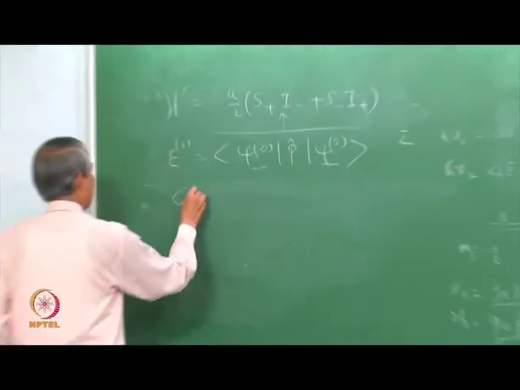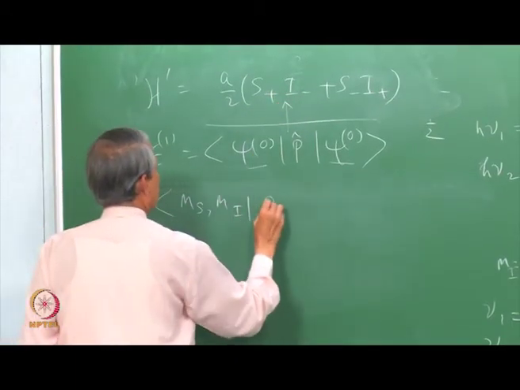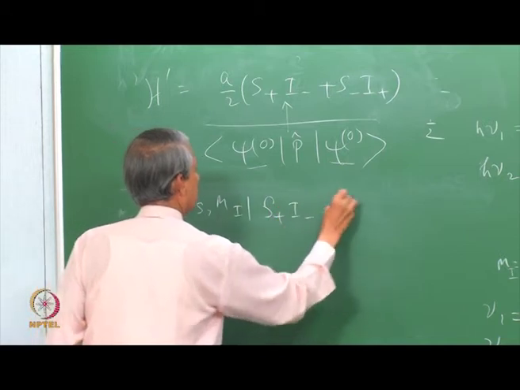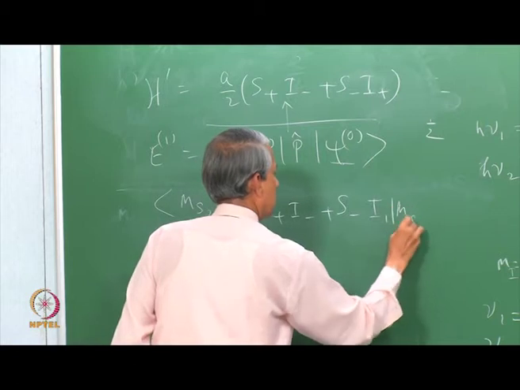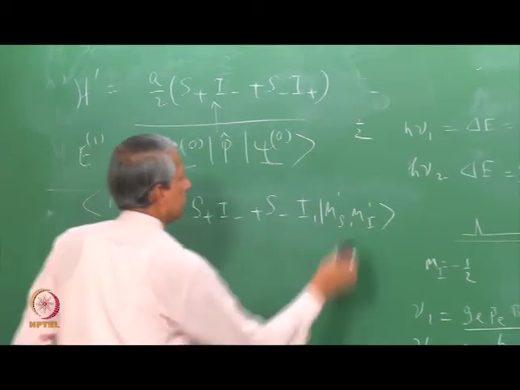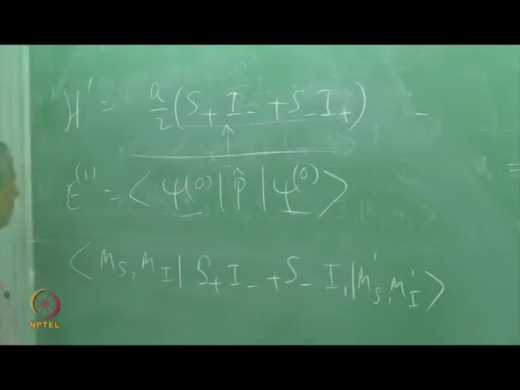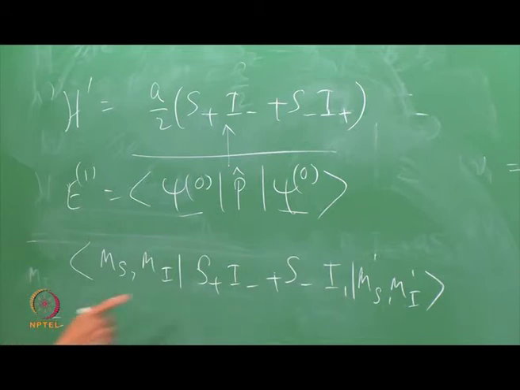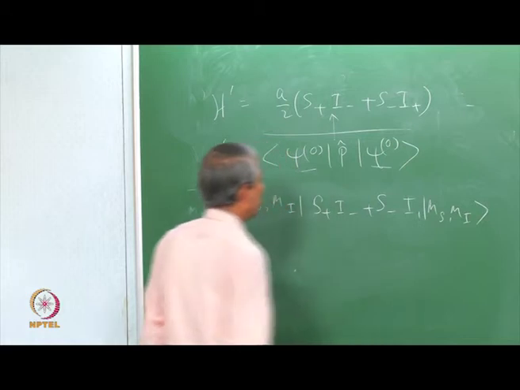So, if I write any of these, mS mI, and put this here S plus I minus plus S minus I plus, mS prime mI prime. So, here this is supposed to be the same as here. So, I cannot have prime here, this will be same as that.